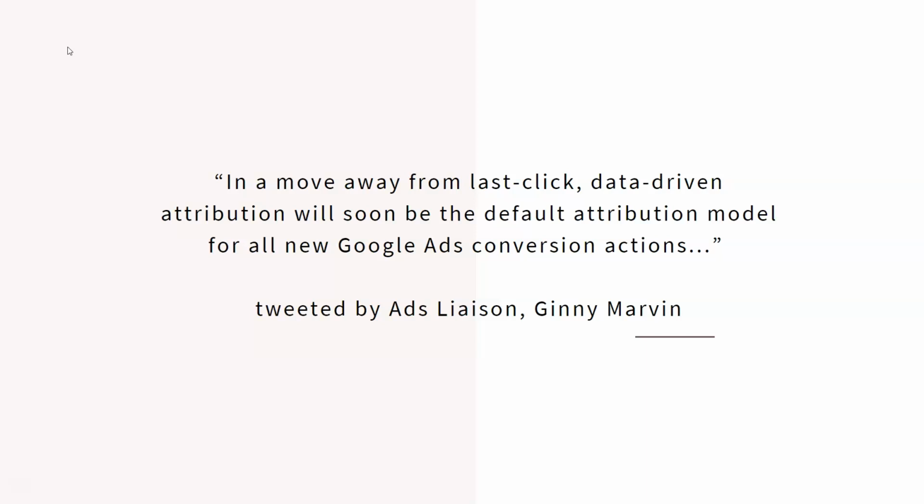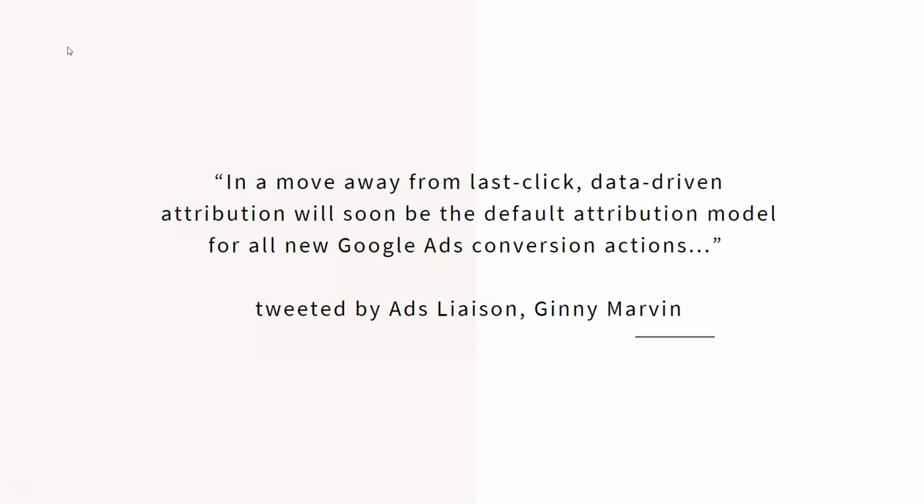So what do we mean by attribution, first of all, and what's the difference between data-driven and any other kind of attribution? When we talk about attribution, what we mean is how Google attributes the conversions in an ad campaign. So how does it decide which click or which interaction with your ad gets attributed the result that you actually achieve?